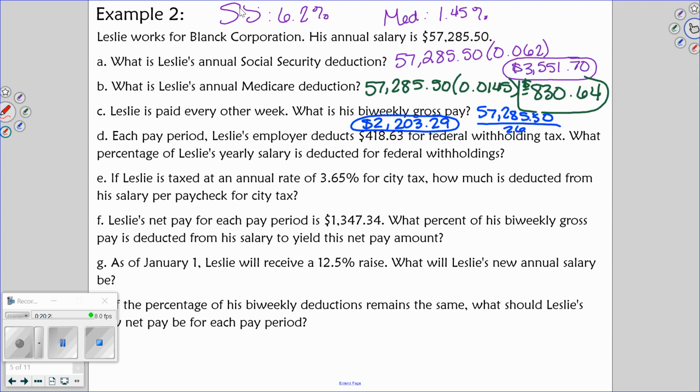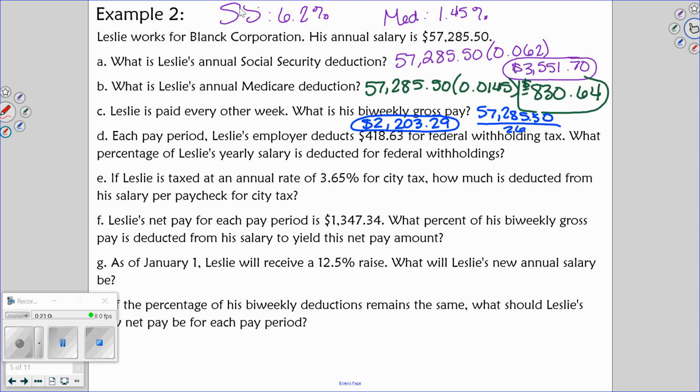All right, D. Each pay period, Leslie's employer deducts $418.63 for federal withholding tax. What percentage of Leslie's yearly salary is deducted for federal withholdings? Now, be very careful. This is talking about each pay period and yearly. It's got both things in there. So if they deduct $418.63 each pay period, how much do they deduct for the year?